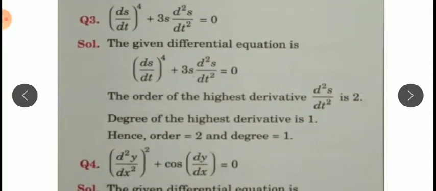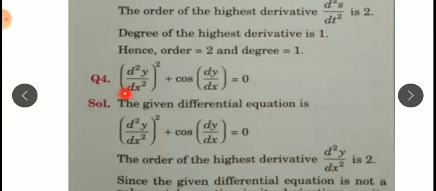Now see this question, ds by dt whole power 4 plus 3s d2s by dt2 is equal to 0. You can see here this is d2s by dt2, so its order is 2. And what is its whole power? Its whole power is 1. Therefore, degree is 1.